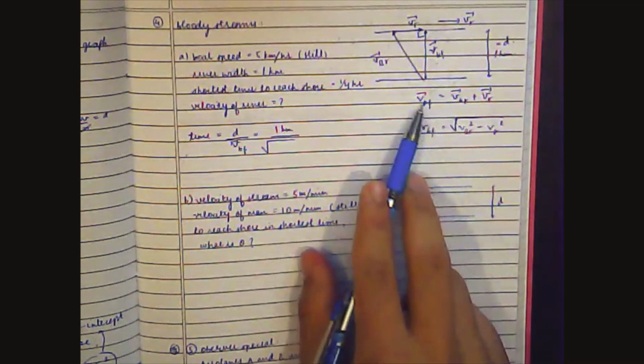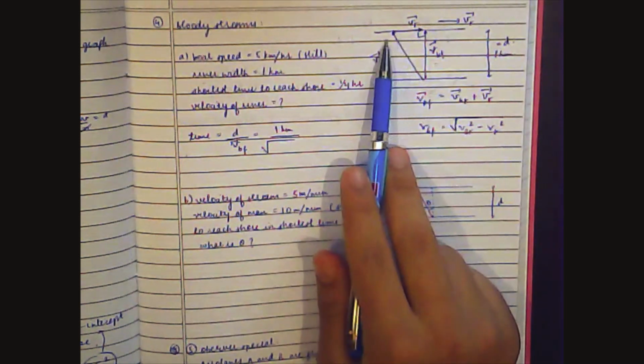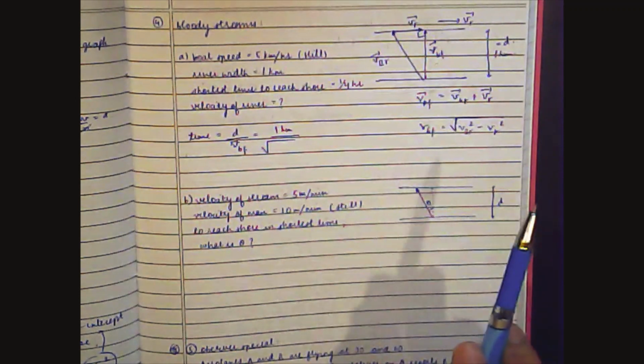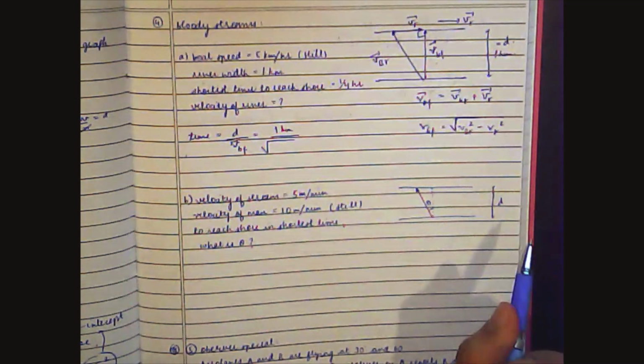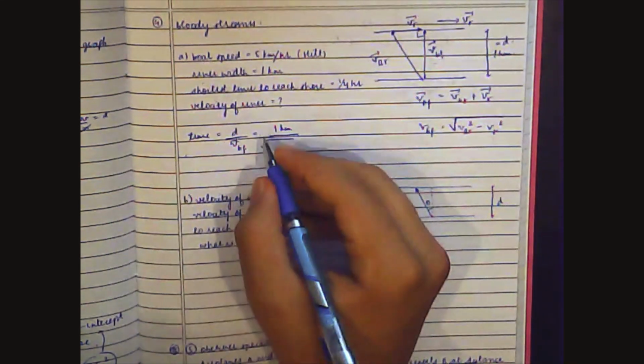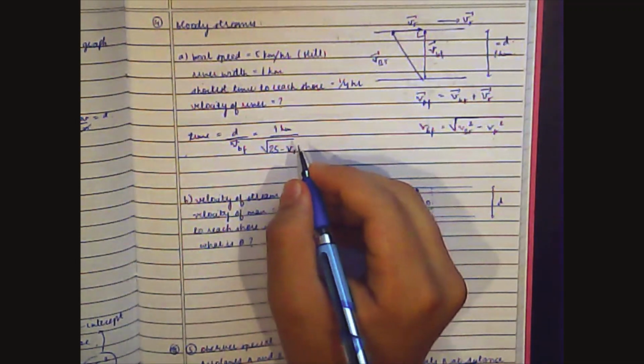So the boat will obviously go at the same speed, right? Its speed will not change, because the velocity of river is in the x direction, but the velocity of boat is only in the y direction. So V of boat relative to the river will remain 5, so it is root of 25 minus VR square, right?